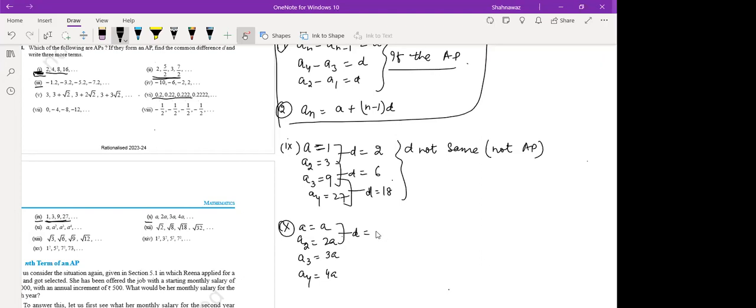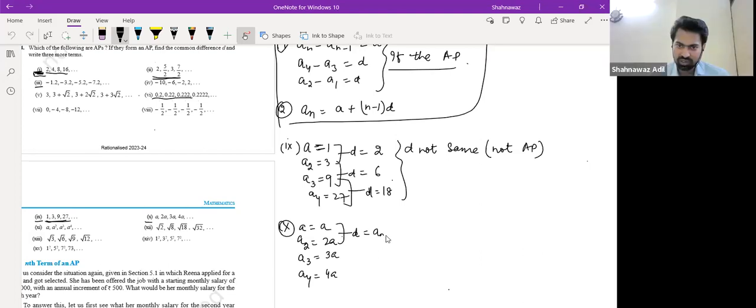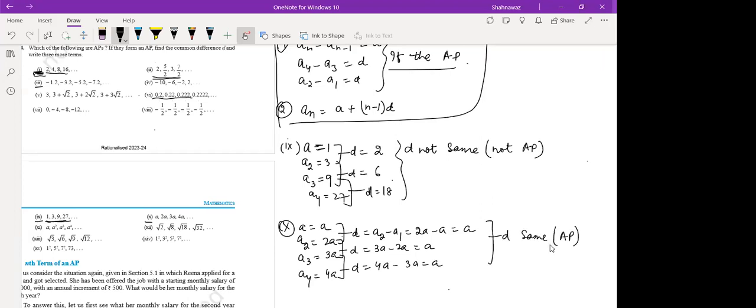A2 minus A1, which is 2A minus A, so this is A. And again, d is 3A minus 2A, which is A. And again, d is 4A minus 3A, which is A. Okay, so we have d the same, so they are in AP.